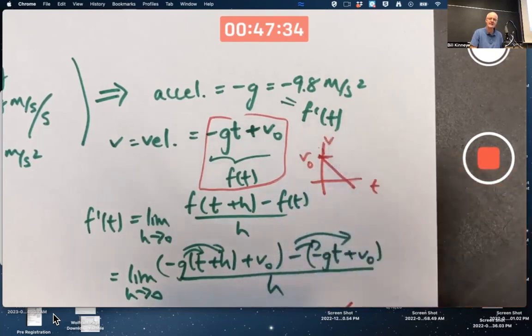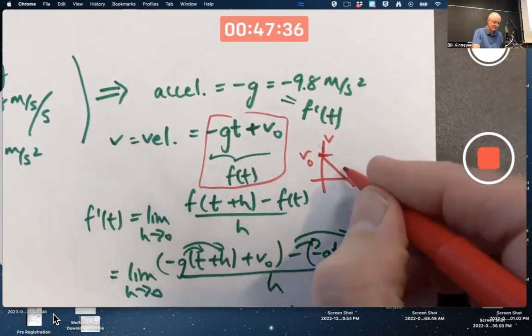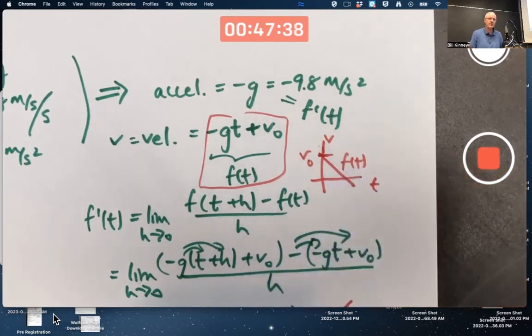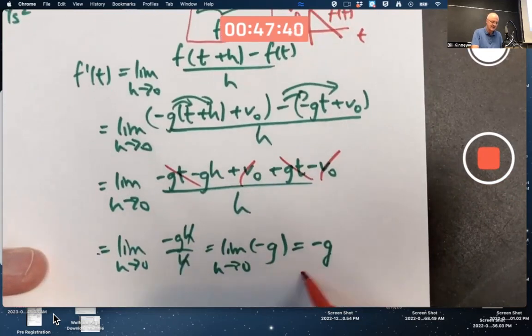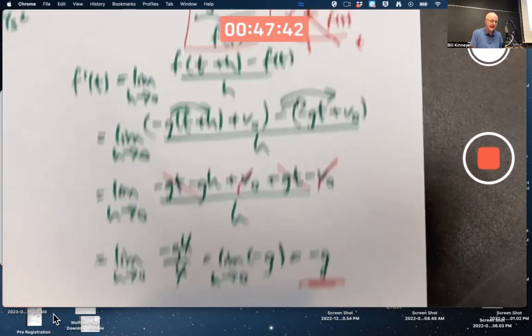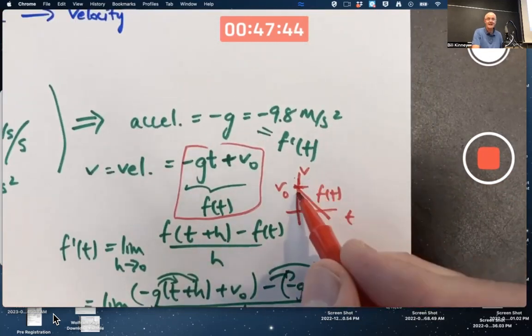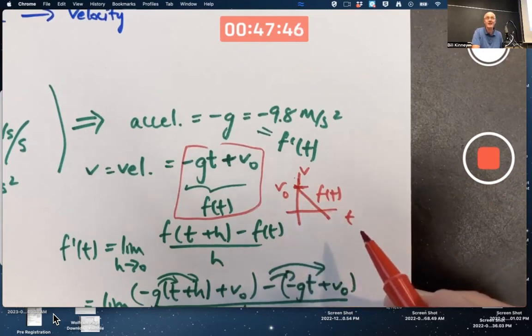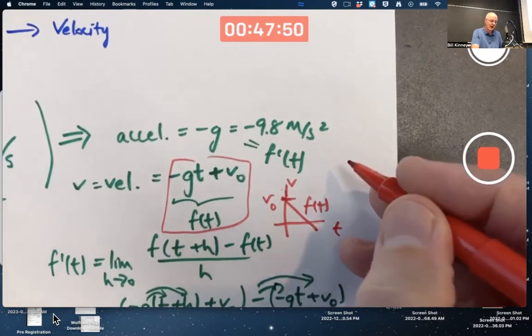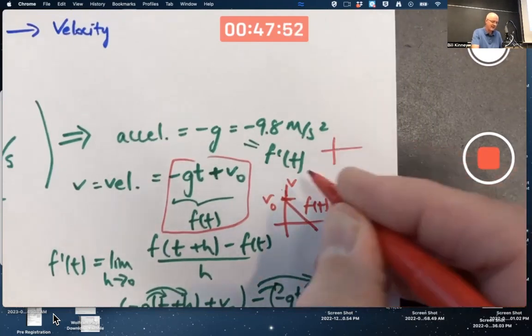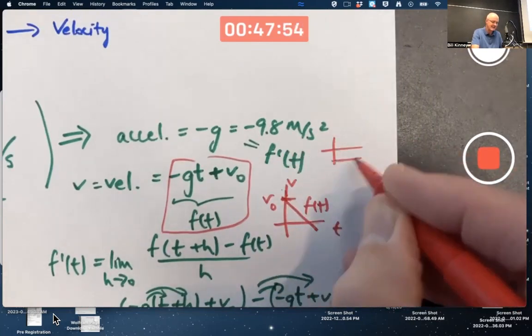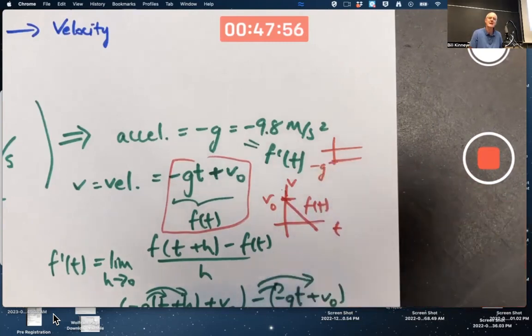This is a v-axis and a t-axis. This is f of t. Its derivative is this constant. The slope of the tangent line is constant. That's because it's a line. f prime of t, the graph of the acceleration, is a constant, negative g.